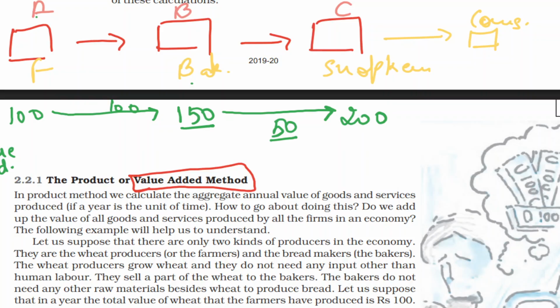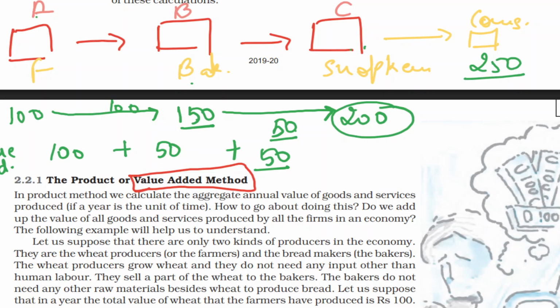Now the farmer added a value of 100 rupees, the baker added a value of 50 rupees, and the shopkeeper added a value of 50 rupees because he is getting 200 rupees, right? Now this shopkeeper sells it to a consumer for 250 rupees. The shopkeeper also added a value of 50 rupees, right?